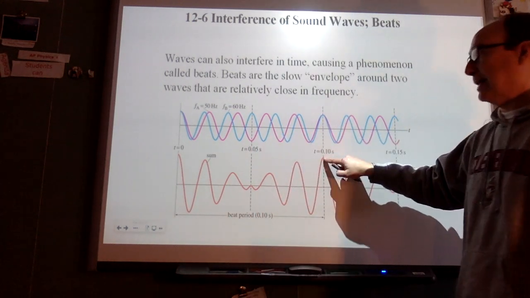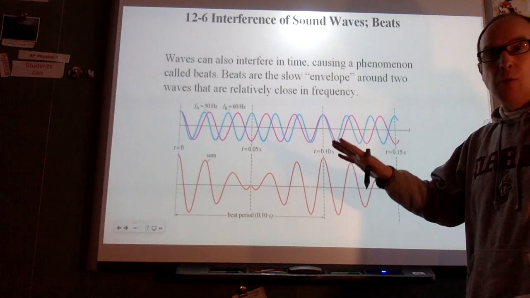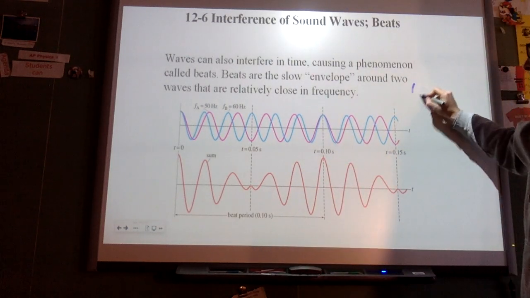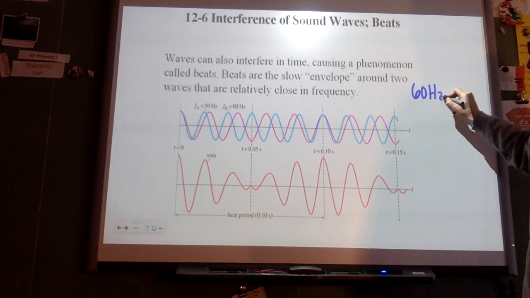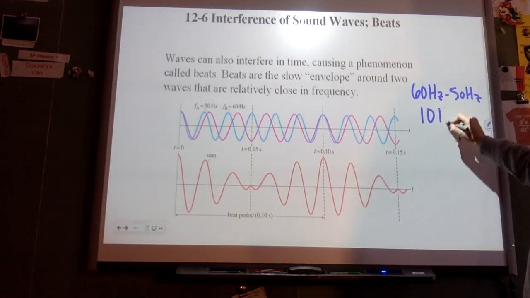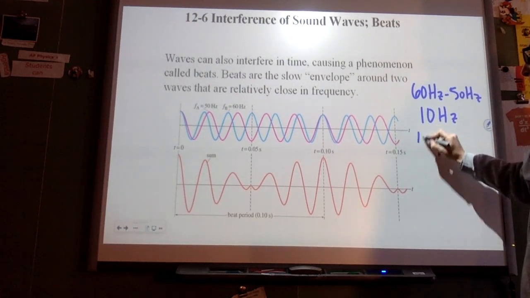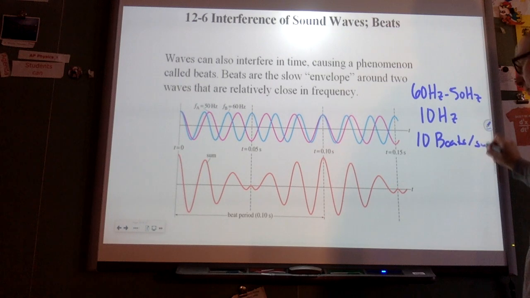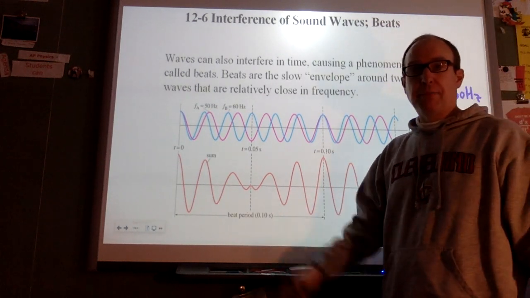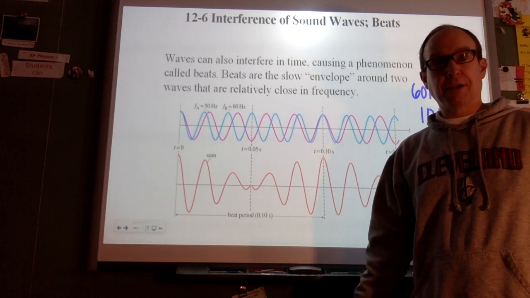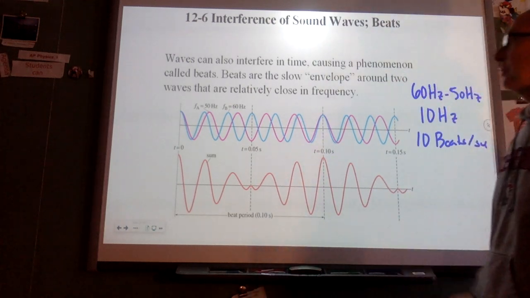Then they're going to get back together and get bigger. And that's the wah we hear. And then this is going to happen again. This is 60 hertz and 50 hertz. So that's a 10 hertz difference. And so that means you're going to get 10 beats per second. And so it tells us that the beat period is 0.1 seconds, because of constructive and destructive interference.